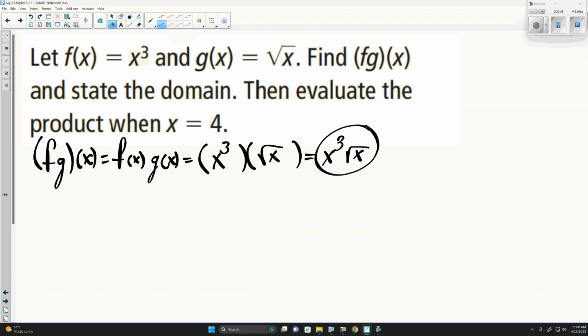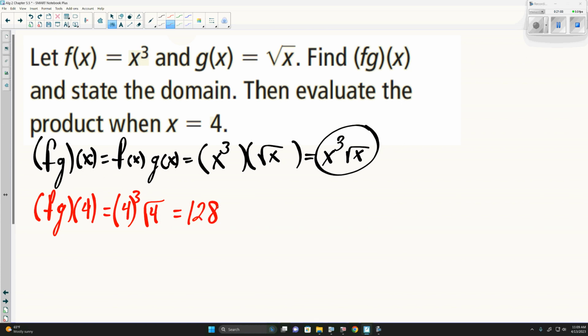Now, again, with multiplication and division, follow all the properties of it. So with multiplication division, we do need to follow all the properties of our multiplication division with like bases.